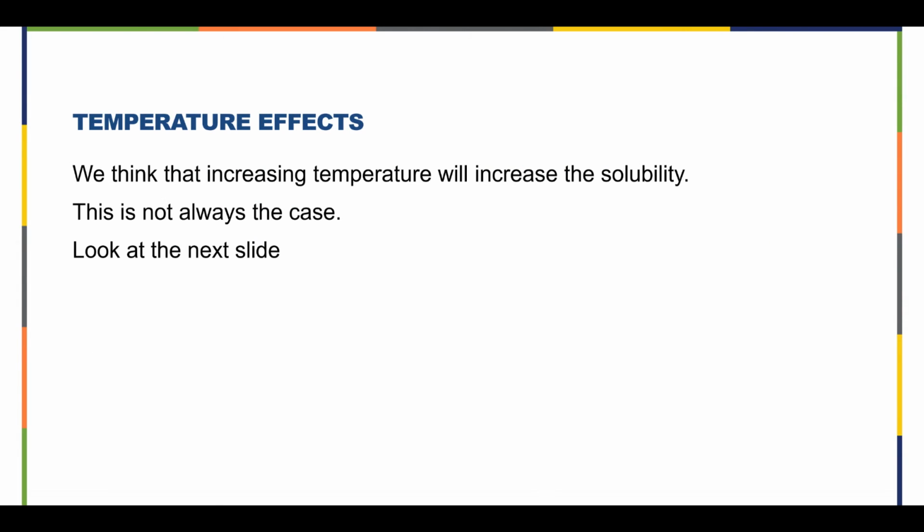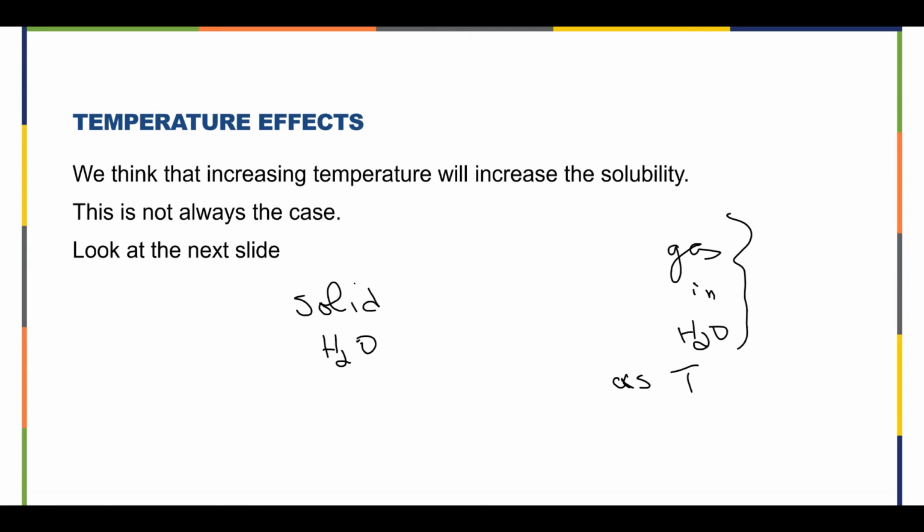What about temperature? Now, temperature effects depend on whether we're looking at a solid dissolving into, for example, water, or a gas dissolving in water. For a gas dissolving in water, our effect is always the same. As the temperature goes up, the solubility of the gas goes down.